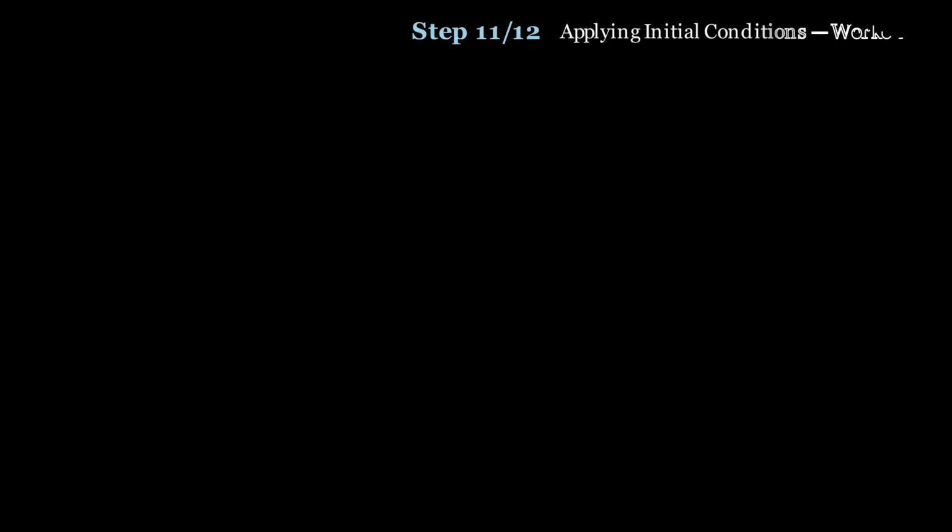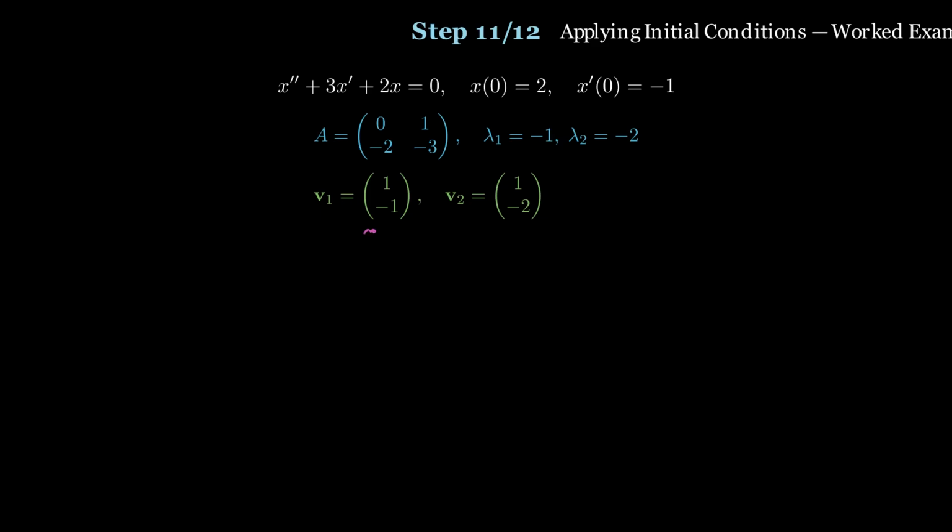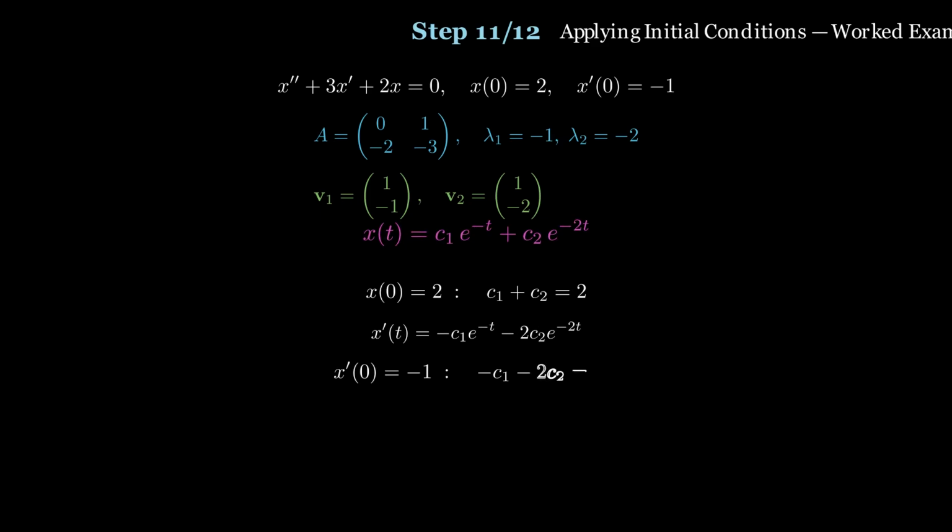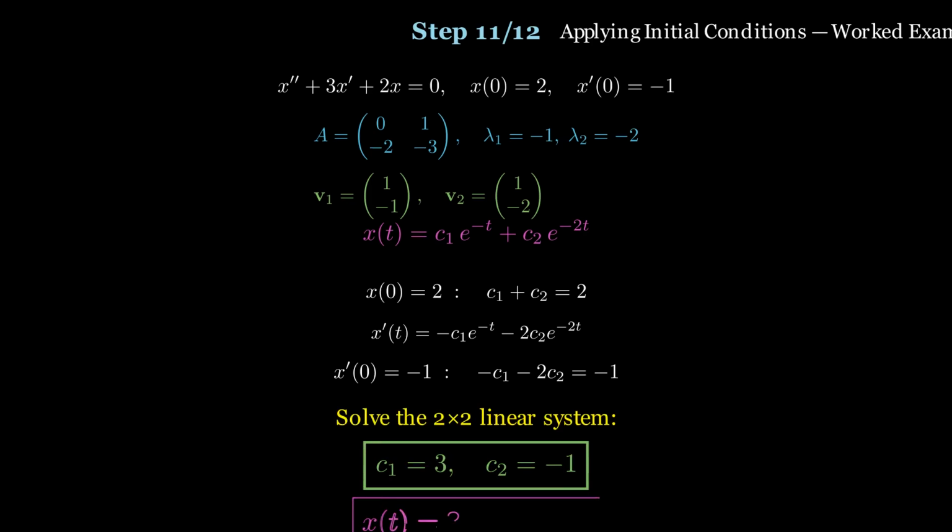Step 11. Let us apply this to a concrete example. For the ODE x double prime plus 3x prime plus 2x equals 0, with x of 0 equals 2 and x prime of 0 equals minus 1. We already know the matrix, eigenvalues, and eigenvectors. The general solution is c1 e to the minus t plus c2 e to the minus 2t.